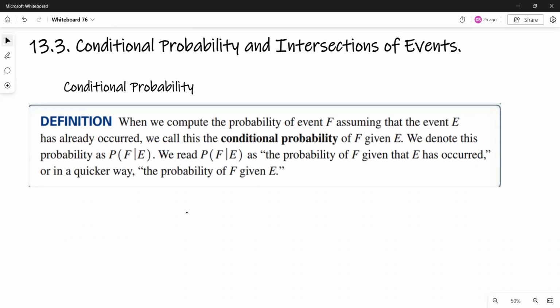When we compute a probability of an event F, assuming that the event E has already occurred, we call this the conditional probability of F given E. We denote this as the probability of F given E. So that reads as the probability of F given E, or probability of F given that E has occurred.